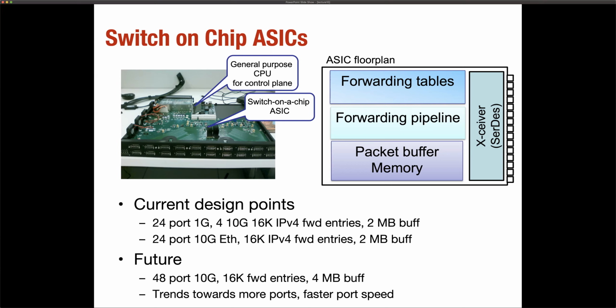In general, the trend, even then and even now, is that port density is increasing, and the capacity of a single port is increasing. It's getting cheaper and cheaper over time. If that is the trend, the design has to be able to leverage these properties of the switches.